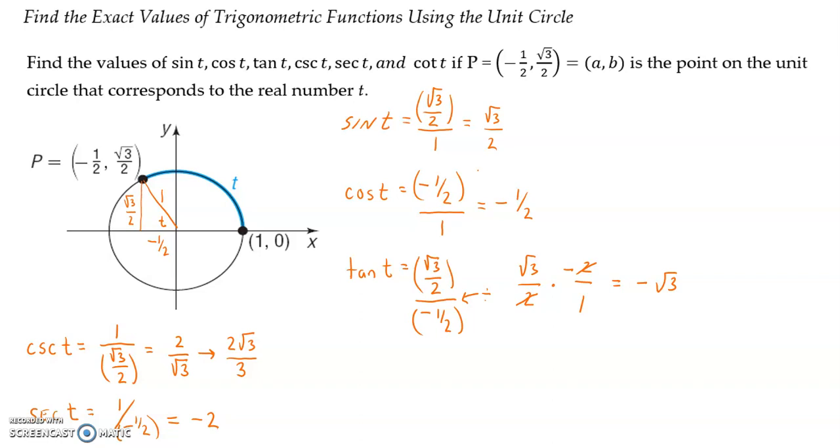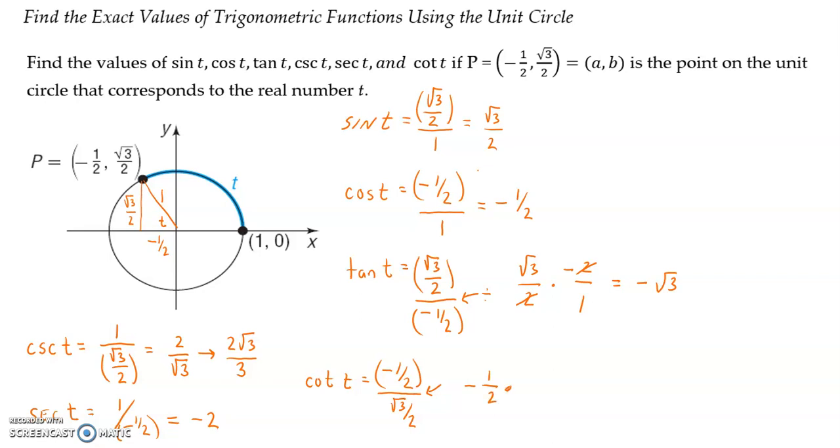And then for our last one, we have cotangent of t. So this is the same thing as -1/2 divided by radical 3 over 2. Let's divide this one out. Remember, we want to keep our first fraction the same, that's the -1/2.